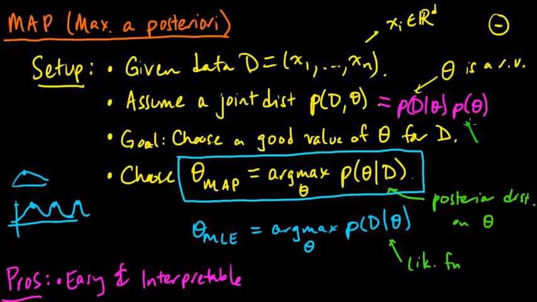And this quantity here, p of theta, is referred to as the prior on theta. This is the prior distribution on thetas. So the interpretation oftentimes for a MAP is that it interpolates between the MLE and the prior.